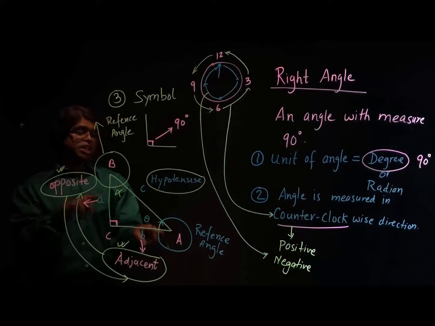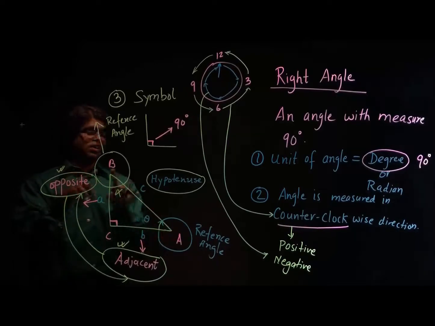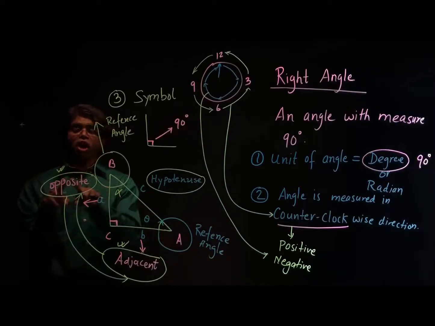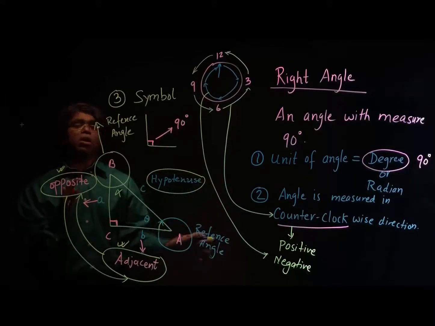We are changing the reference angle. So you will see a question where the reference angle is changed, and if you change it, opposite and adjacent will interchange, but hypotenuse stays the same. And this is all about the right triangle.